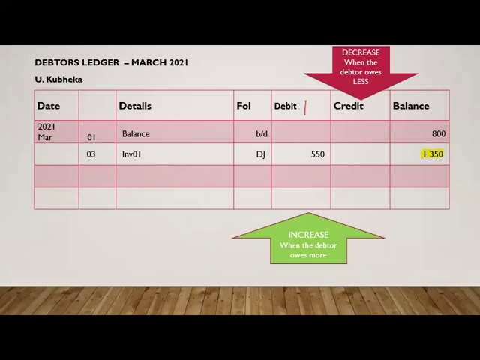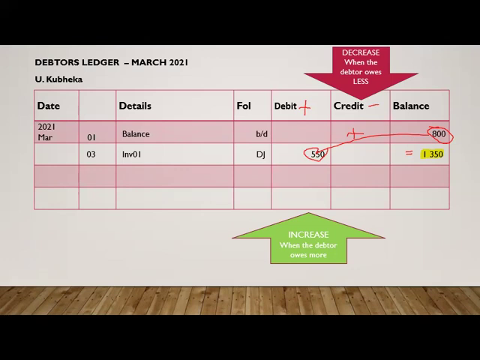Debit means plus, credit means minus. Okay, so here we plus. So I took this 800 and I added it with the 550. You add these two, and they will give you a new balance on the 3rd, which will be 1,350. Got it? Let's move to the next one.